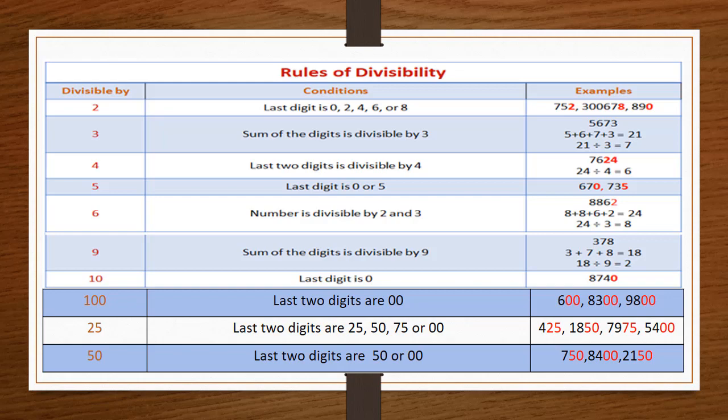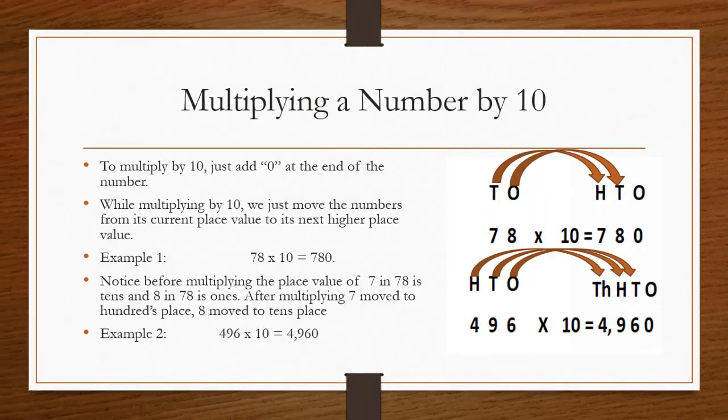Okay. Let's move to multiplying a number by 10. To multiply by 10, just add 0 at the end of the number. See, 78 times 10 is equal to 780. We add 0 at the end. While multiplying by 10, we move the digits from the current place value to the next higher place value.